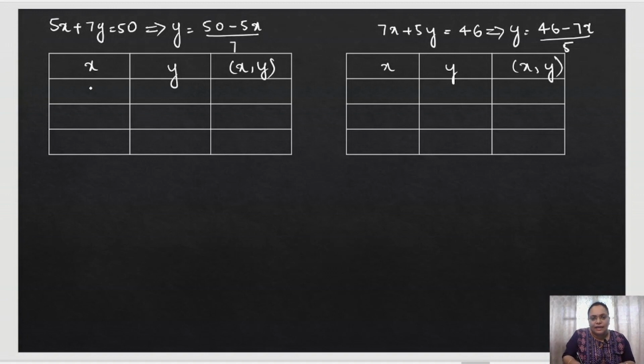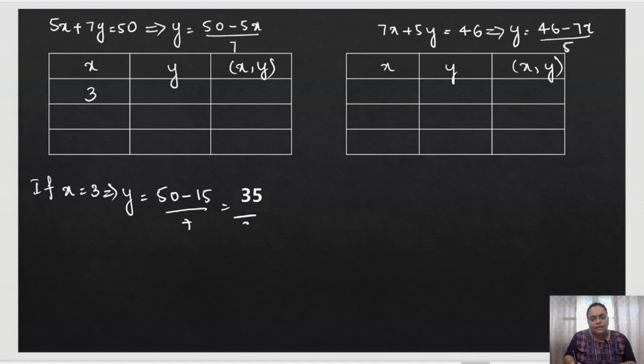So let us take x is equal to 3. If x is equal to 3, y will be 50 minus 5 threes, which is 15, by 7. You will get 35 by 7, which is 5, since 7 fives are 35. So the points are 3 and 5.